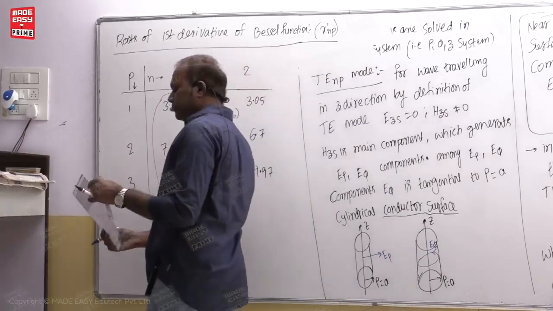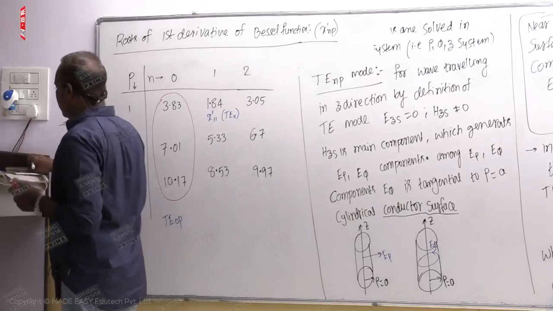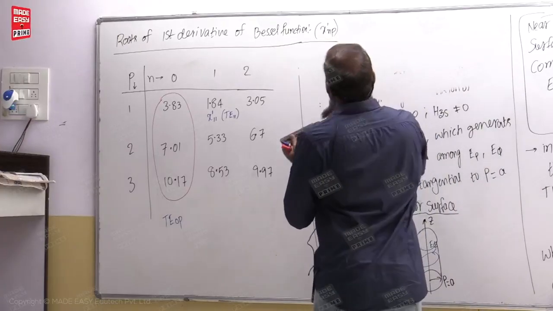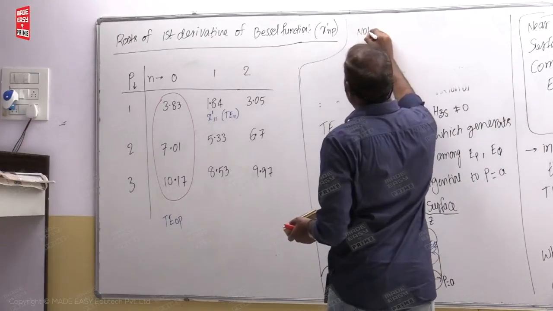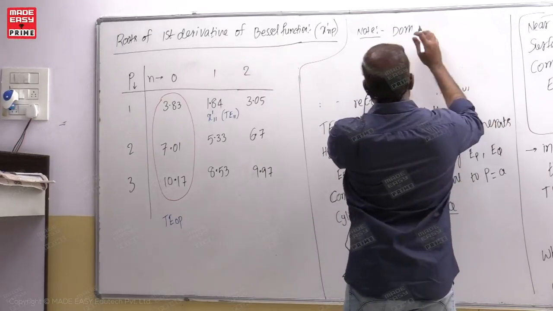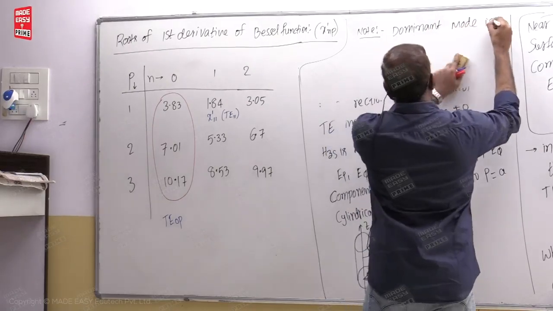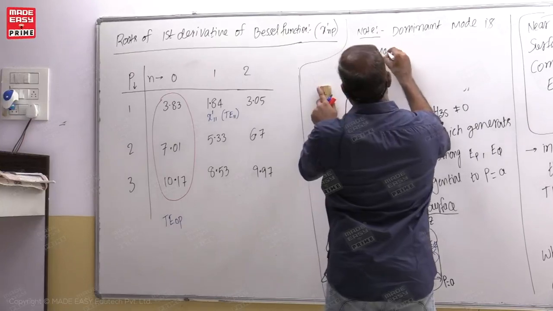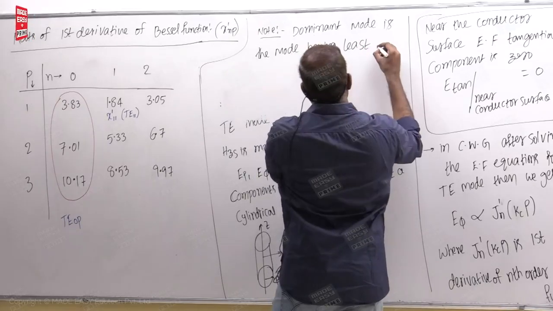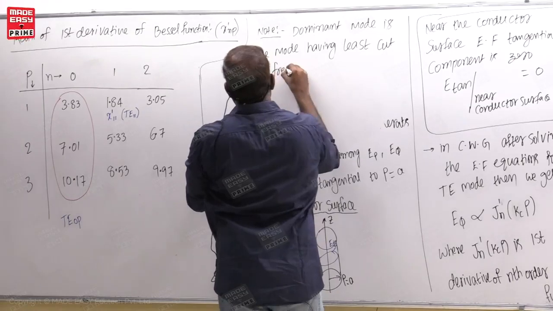Now you write the statement here. Dominant mode is the mode having the least cutoff frequency.